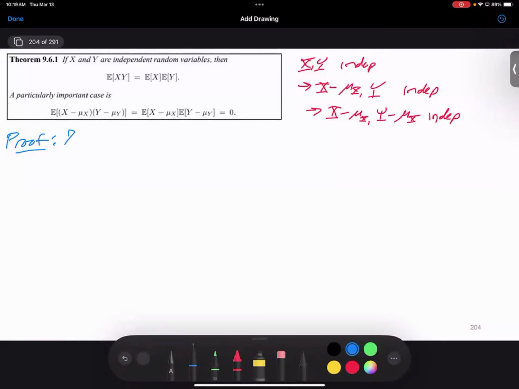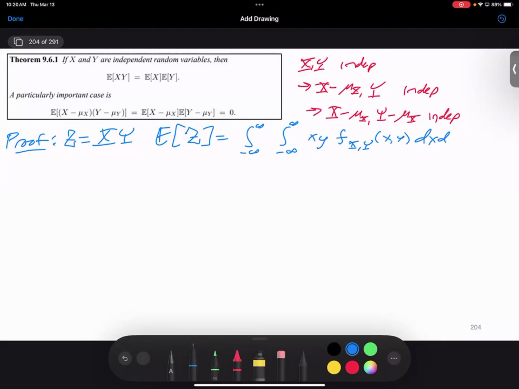Let's let z equal x times y. The expected value of z would be the integral minus infinity to infinity, integral minus infinity to infinity, x times y times the density function of xy dx dy.